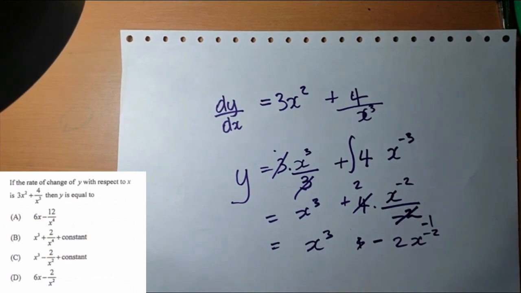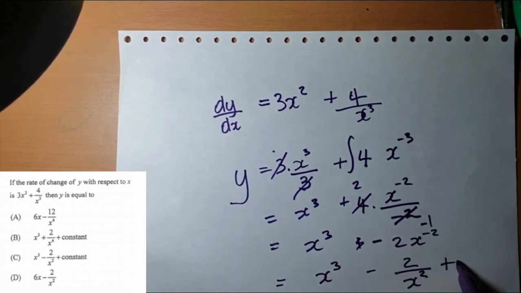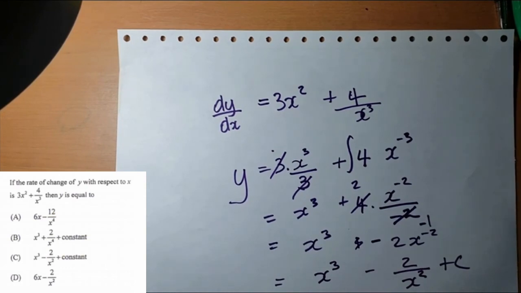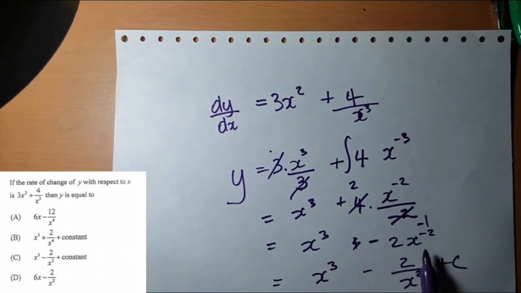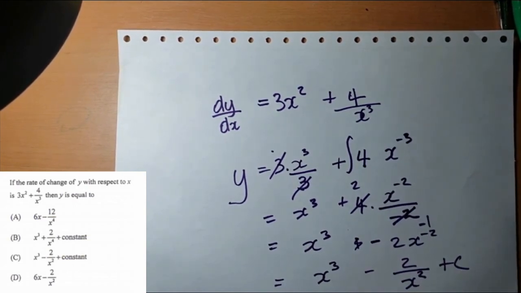And that is now x cubed minus 2 over x squared plus c. Everybody understand what just happened a while ago? You have the minus 2, then since we have x to the negative 2, it would be 2 over x squared. And that is now c.